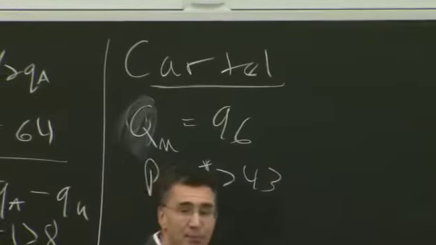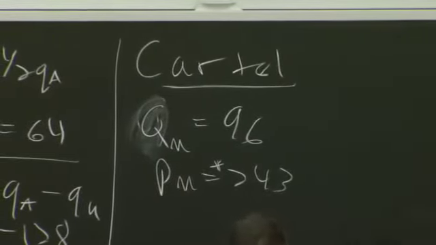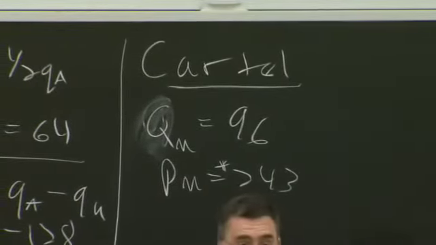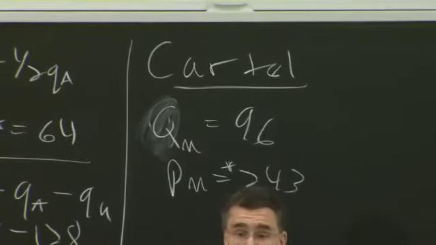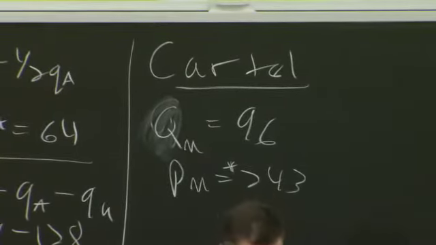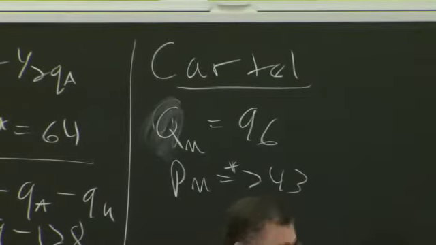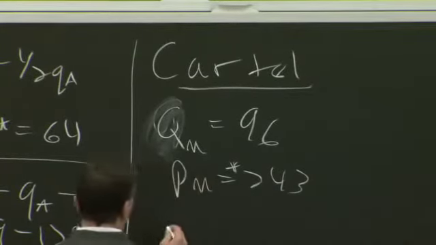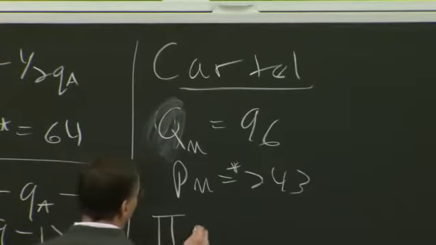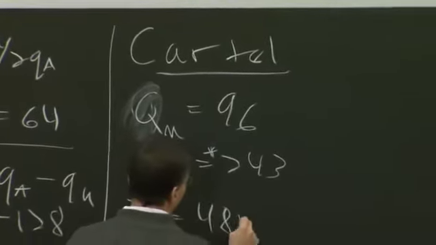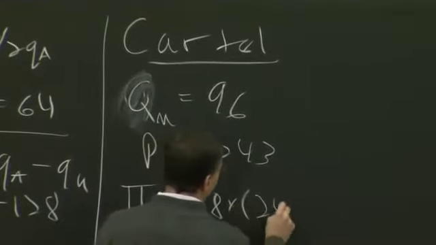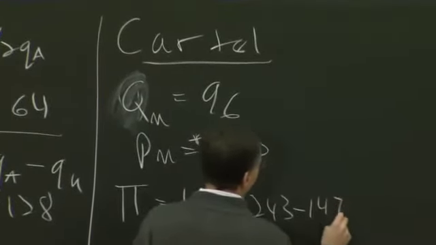Well, imagine they jointly said, look, we'll each do 48 flights, for a total of 96, and we'll charge 243, and we'll agree to do that. What would happen? The profits to each firm would be their 48 flights times the price they'd get minus the marginal cost.